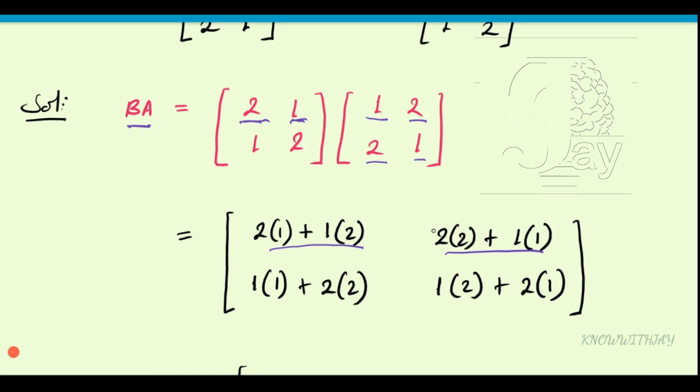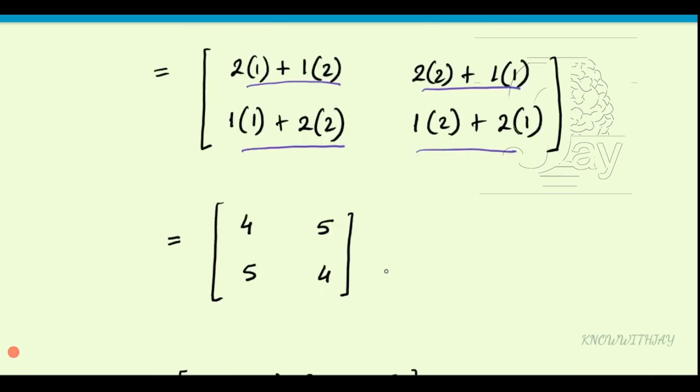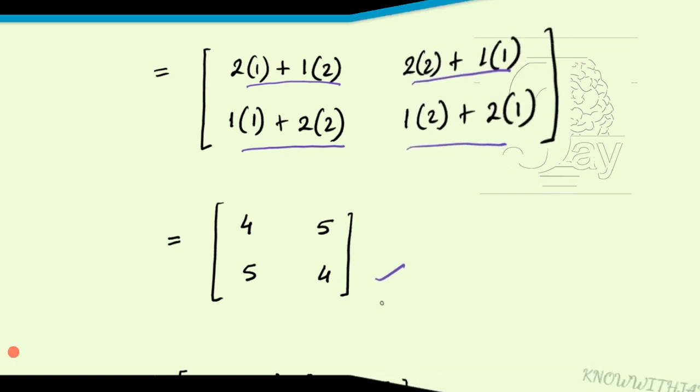Okay, similarly for the second row, 1 into 1 plus 2 into 2. Okay, and the last element, 1 into 2 plus 2 into 1. Okay, so we get 4, 5, 5 and 4 for BA.